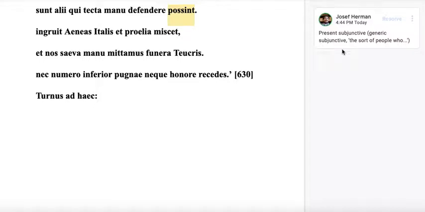Okay, so there are a couple of reasons why this might be in the subjunctive, but the fact is that it is. So there are others who can defend, or there are others to defend, houses, their houses, by hand or with their hands, manu. Okay, so we'll stop there. I think that'll be enough to keep us going for the first lesson.